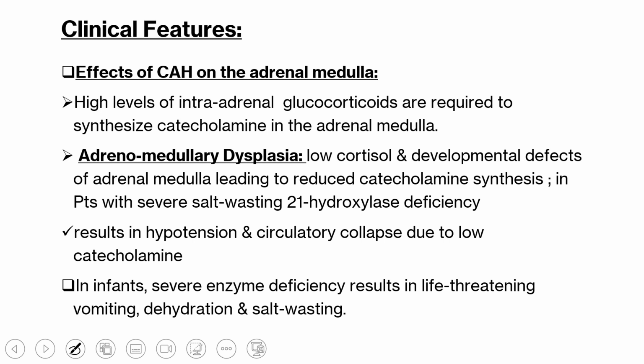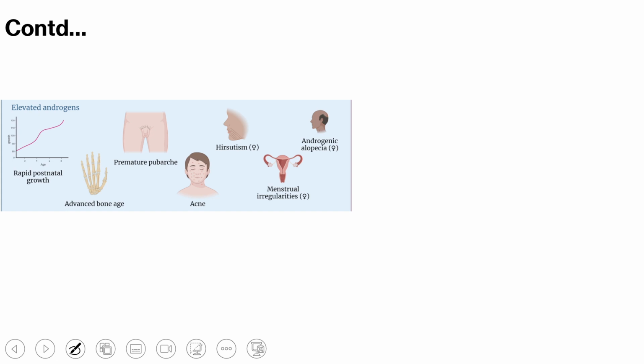And due to that, there is hypotension and circulatory collapse in the patient, and this occurs especially in severe salt wasting 21 hydroxylase deficiency. And in infants, this severe enzyme deficiency results in life threatening conditions like vomiting, dehydration, and salt wasting, which might be life threatening for the newborn.